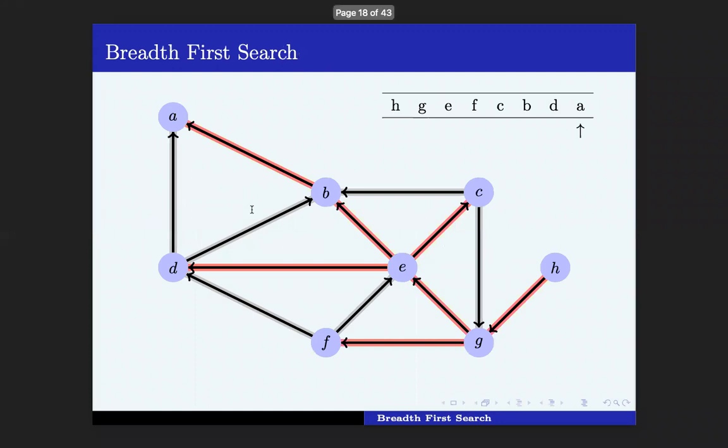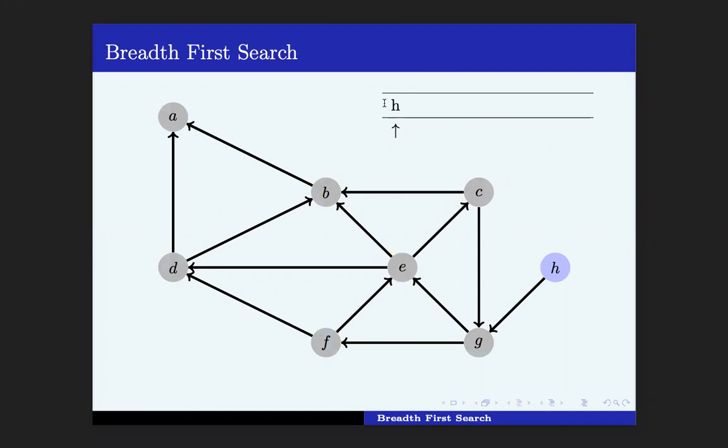Let's go back here and see. Just look at this top one. This is what we have after initialization. H has been put in the queue. So what do you do next?